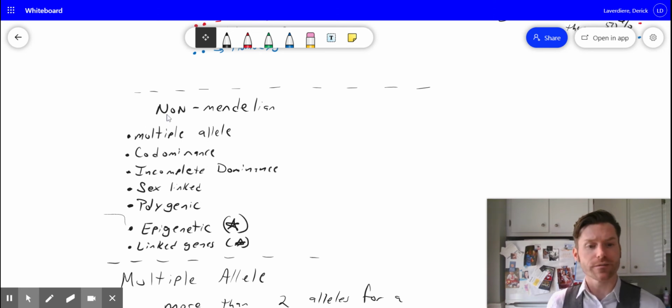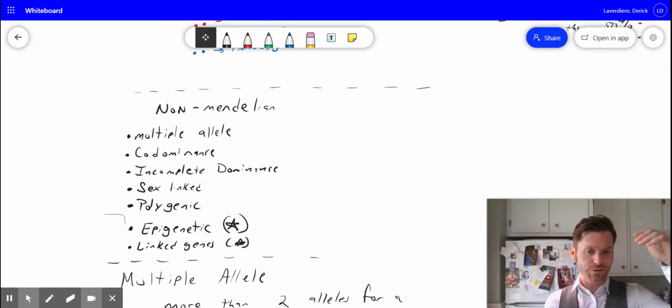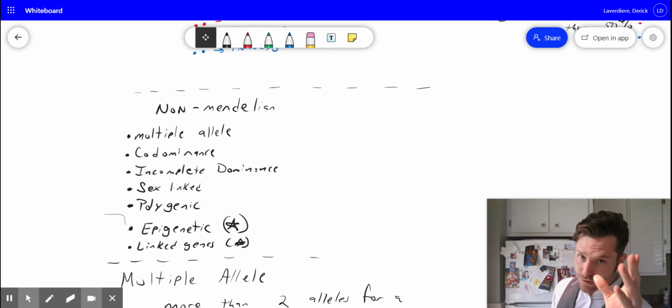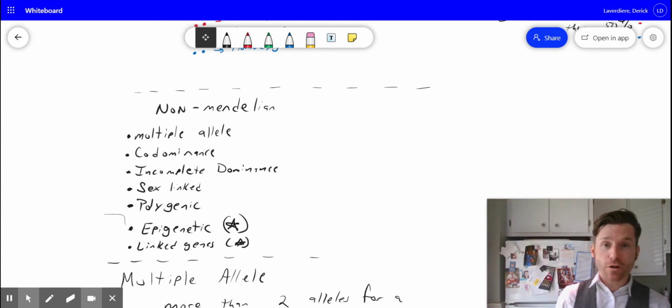So here are types of non-Mendelian inheritance patterns. These are inheritance patterns that don't obey those rules of one trait, one gene has two alleles, one allele dominant, one allele recessive. If there's some variation in those rules, then it's a non-Mendelian trait. We got multiple alleles.